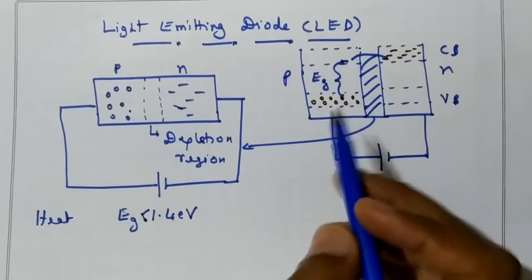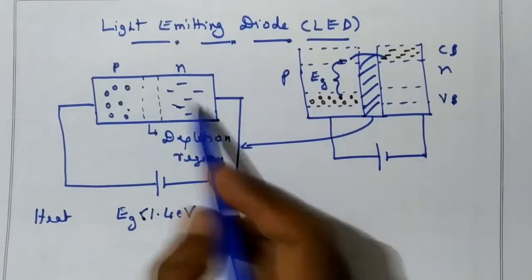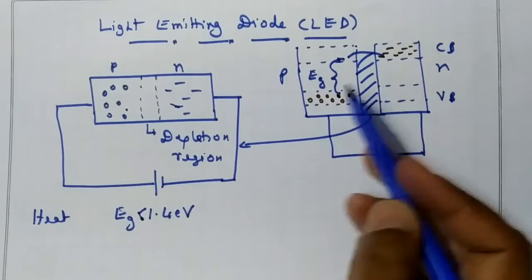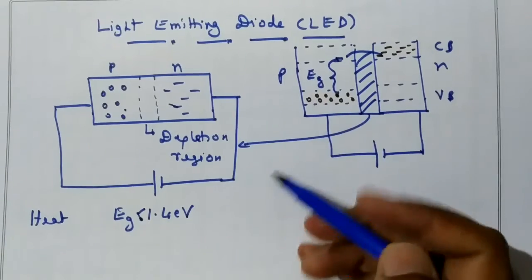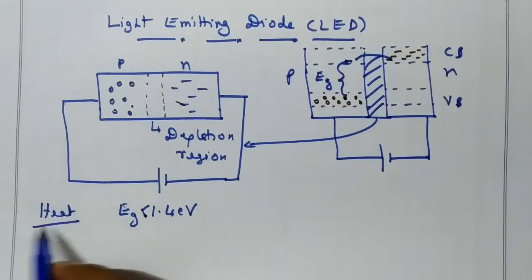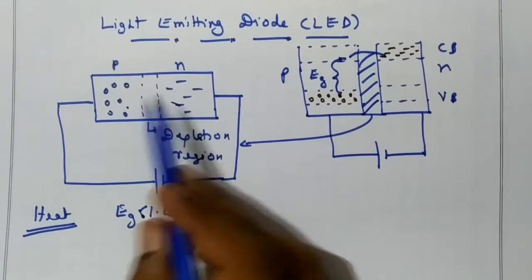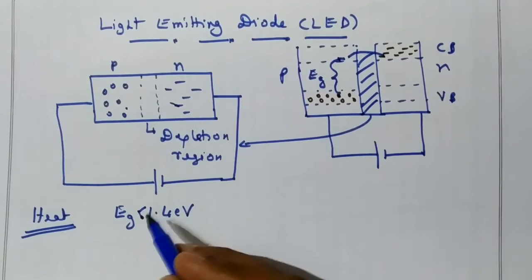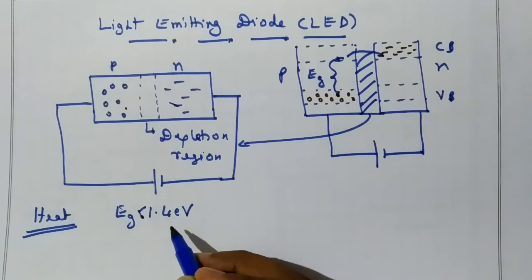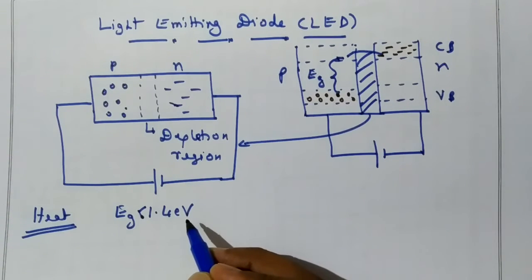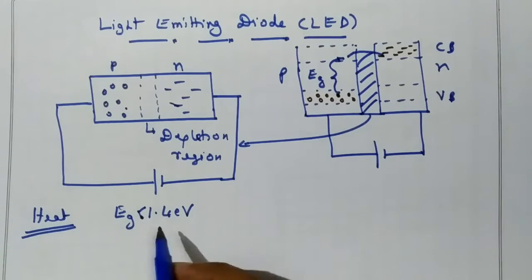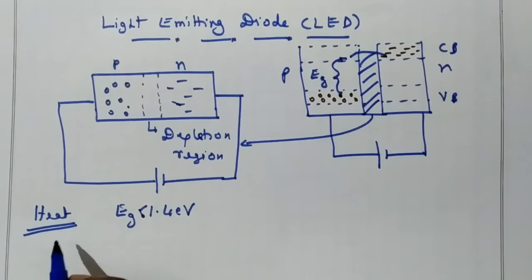In the case of an ordinary diode, conduction happens when the diode is forward biased. Not only that, some amount of energy is dissipated in the form of heat, because in an ordinary diode we use silicon or germanium, and the energy gap is less than 1.4 electron volt: for silicon 1.1 electron volt and germanium 0.7 electron volt. So the energy will be released in the form of heat.